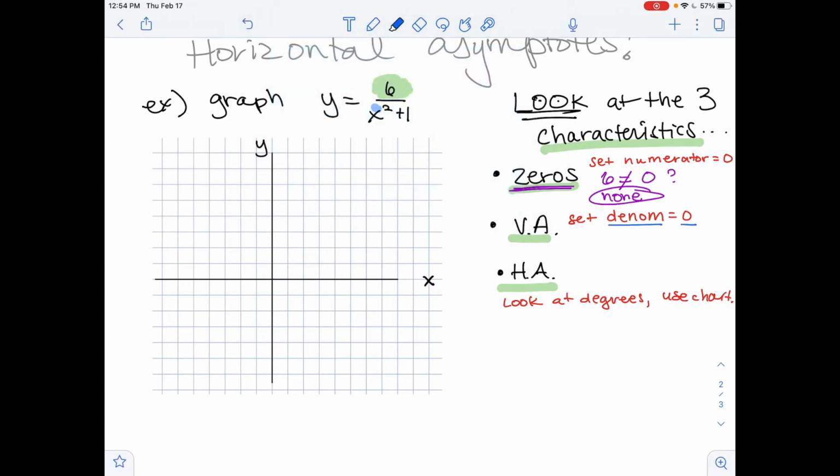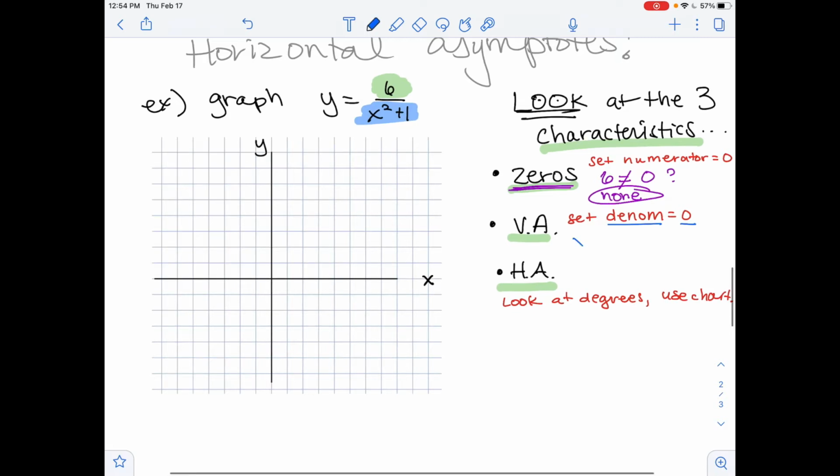So x squared plus 1 equals 0. I'm going to subtract the 1. Can x squared equal a negative 1? Well, we can try, but we know nothing squared can equal a negative 1. So we're going to end up with an i. So in this case, there are actually no vertical asymptotes.